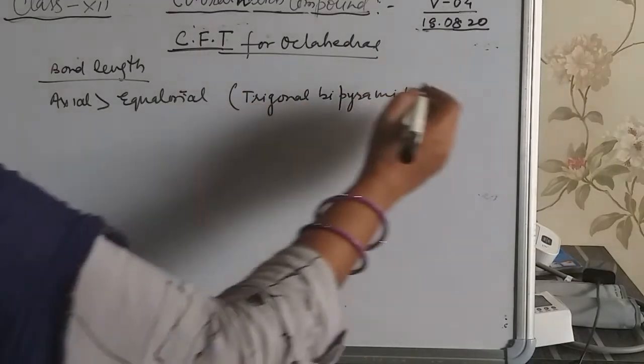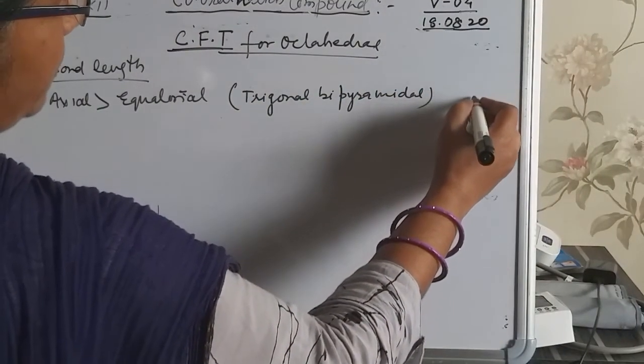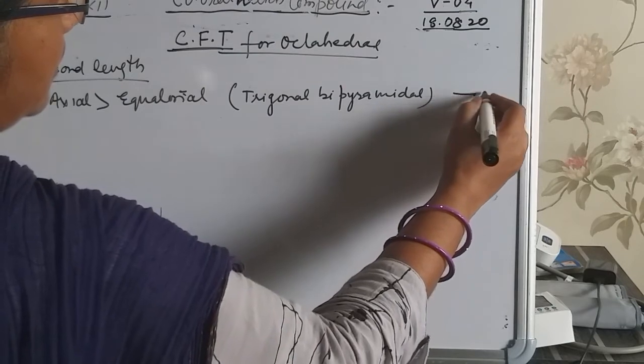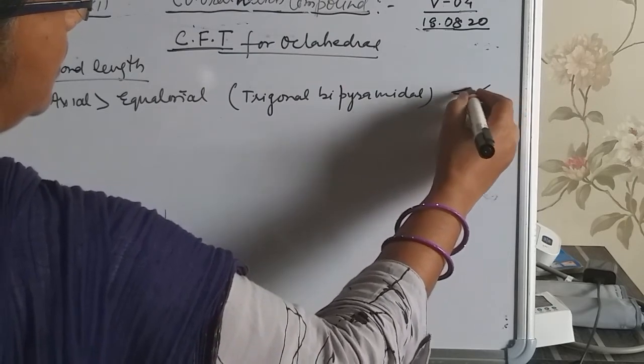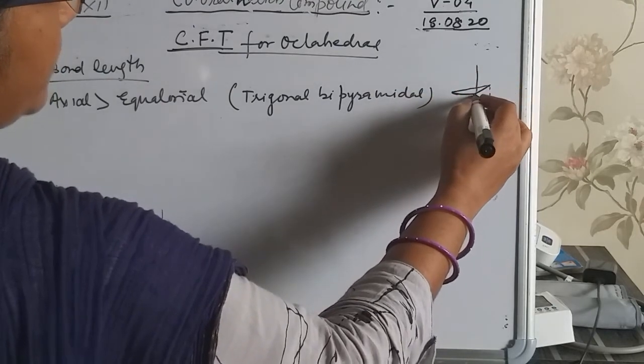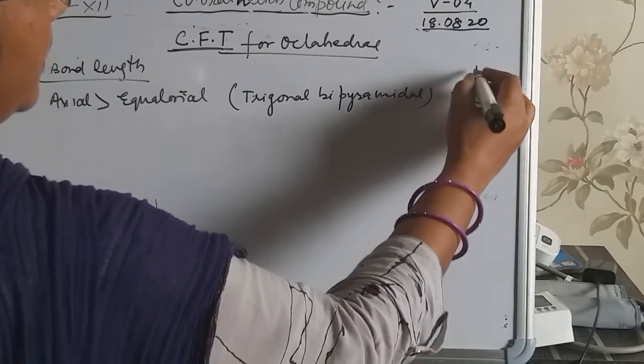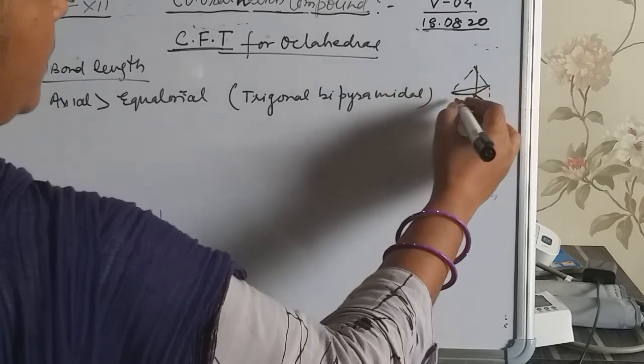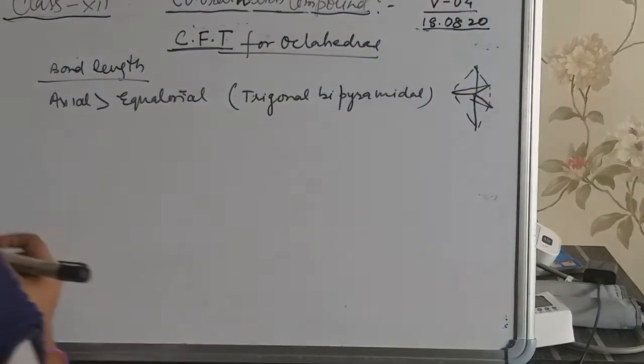Trigonal bipyramidal. We all know the geometry of this. Here the axial bond length is greater than equatorial bond length.